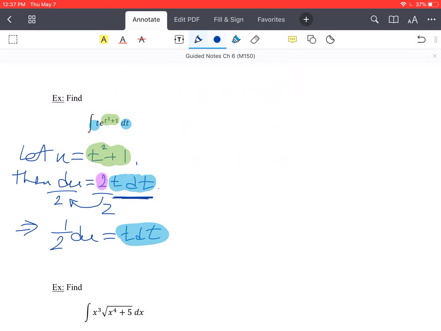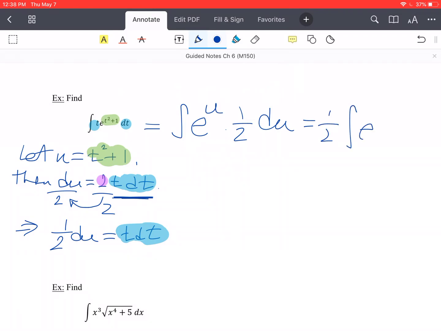So now when we do the substitution, this is going to be the integral of e to the u, and then instead of just du, now it's 1/2 du. That gives us our match for our substitution. The 1/2 is just a constant, so it can get pulled all the way out of the integral. Now we're just left with e to the u du inside.